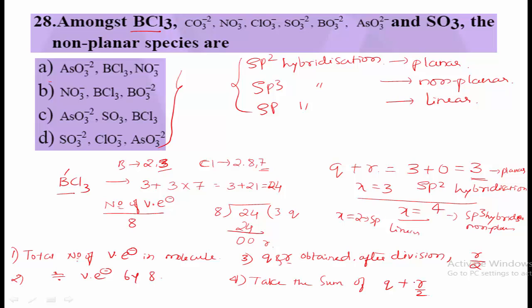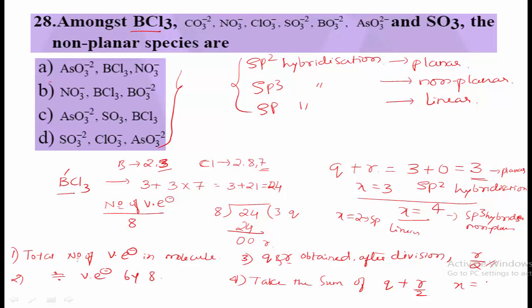Here only I have taken, since here the remainder is 0, so I have not divided it. If it is other than 0, then you have to divide it by 2. Because if you get 0, 0 by 2 is 0 only. Therefore, I have not mentioned it. But in general, we have to divide the remainder by 2. Then you will get the type of hybridization.